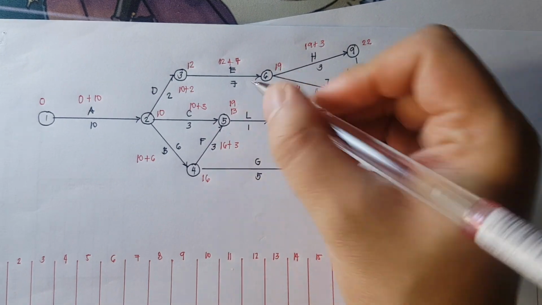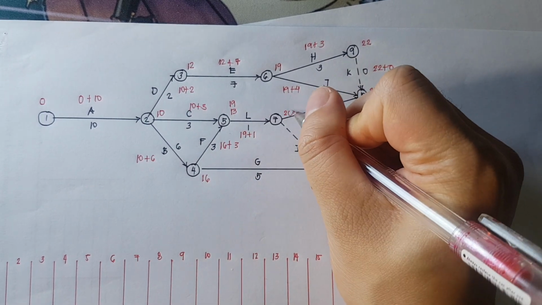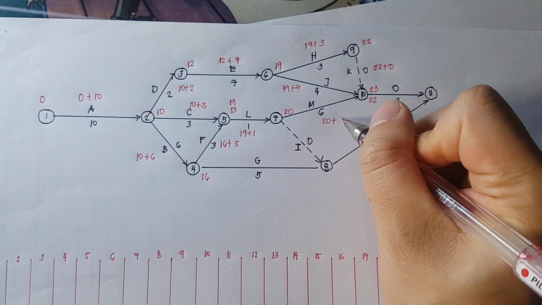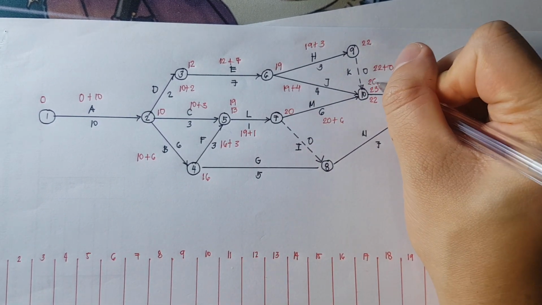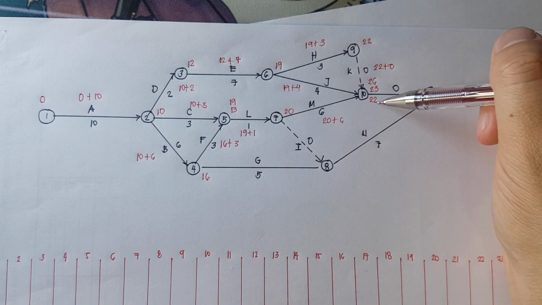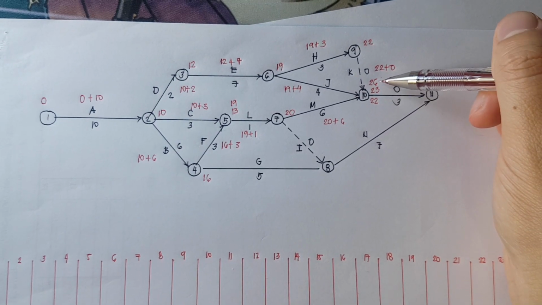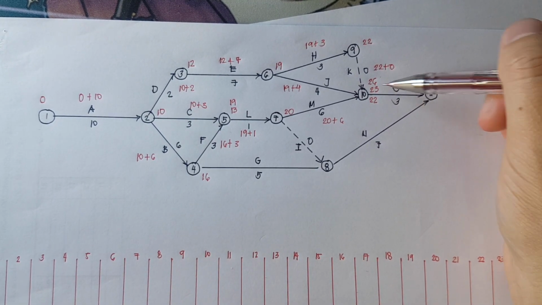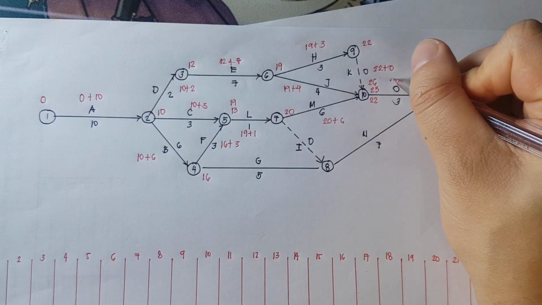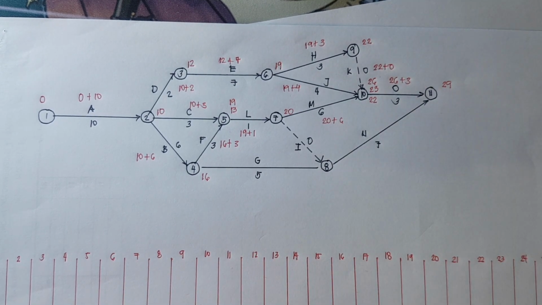So that is 19. 19 plus 1, that is 20. 20 plus 6, that is 26. Whichever is the greatest number of these three, 22, 23, 26, will be adopted, and that is 26. So 26 plus 3, that is 29.